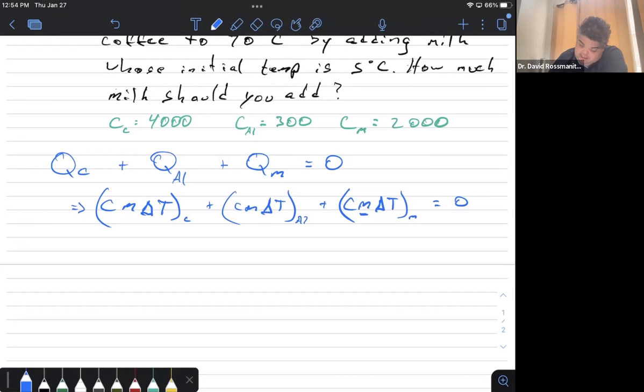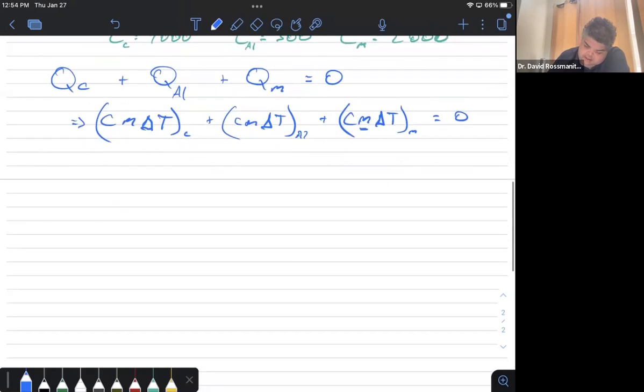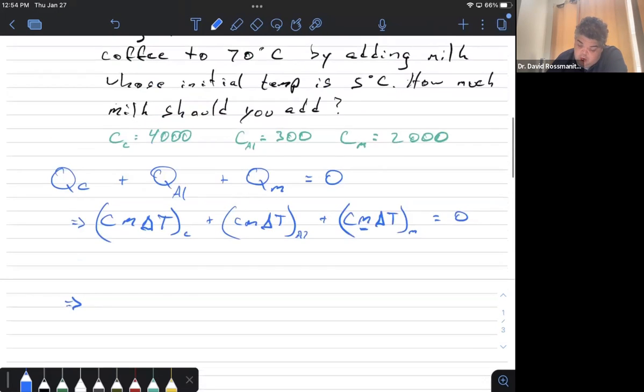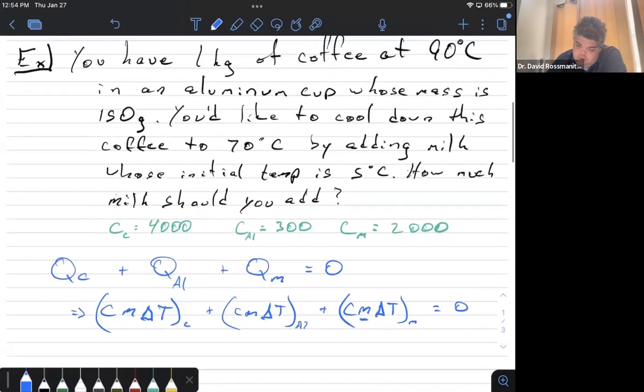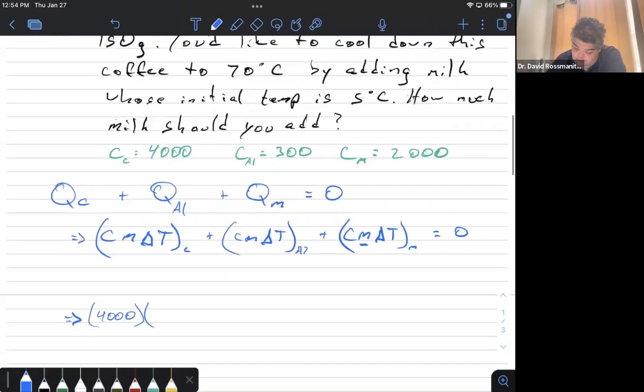Okay, well, let's try plugging numbers in. So we say, all right. Specific heat for coffee. Well, I'm given that in the problem. That's 4,000. Mass of the coffee. You have 1 kilogram of coffee, so 1 kilogram. Change in temperature of the coffee. That means, remember, delta T means final temperature minus initial temperature.